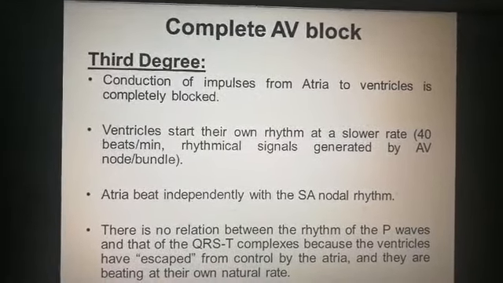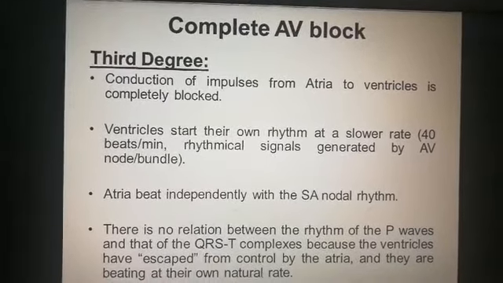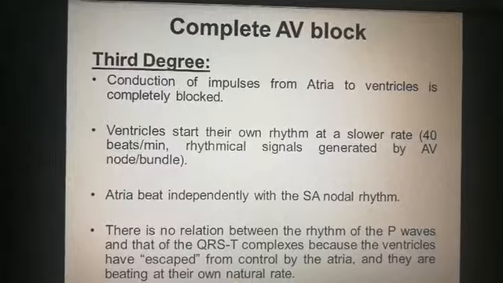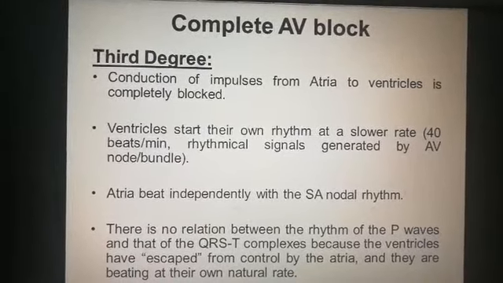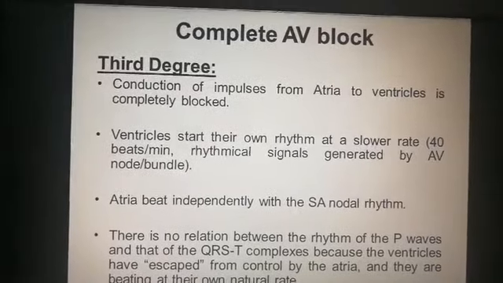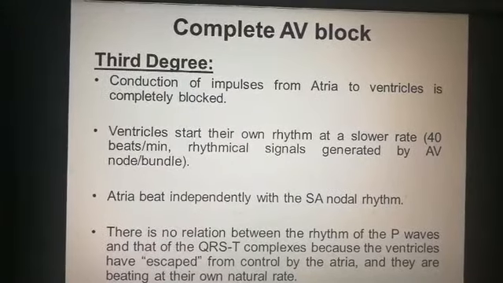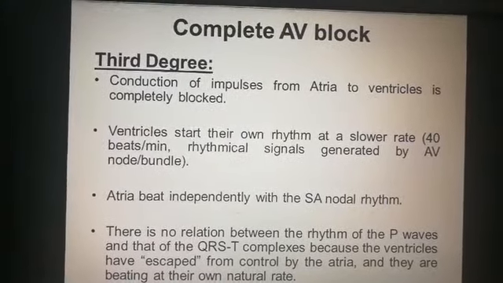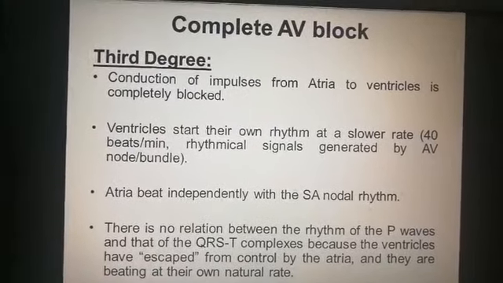You have also seen in the previous lecture on cardiac arrhythmias part 2 that incomplete AV block is further divided into first degree and second degree, and second degree is further divided into Mobitz type 1 and Mobitz type 2. Now it is the continuation, that is third degree heart block.